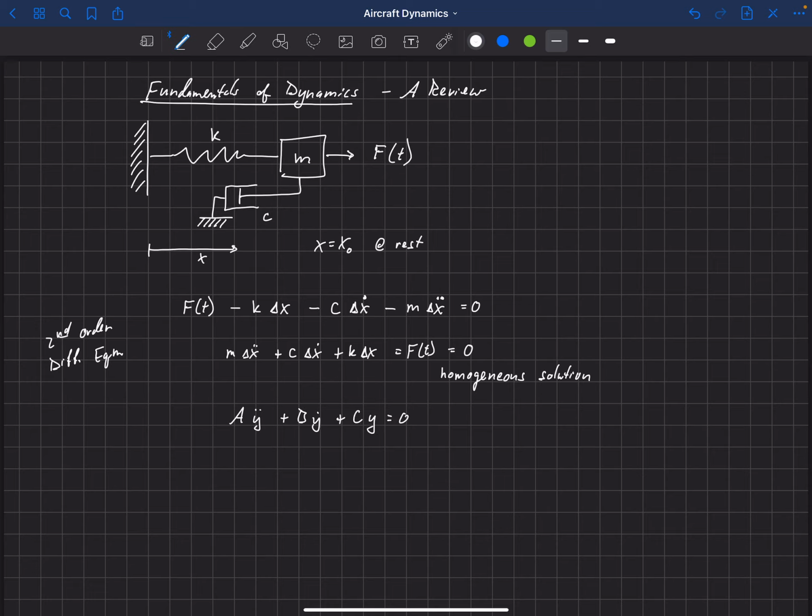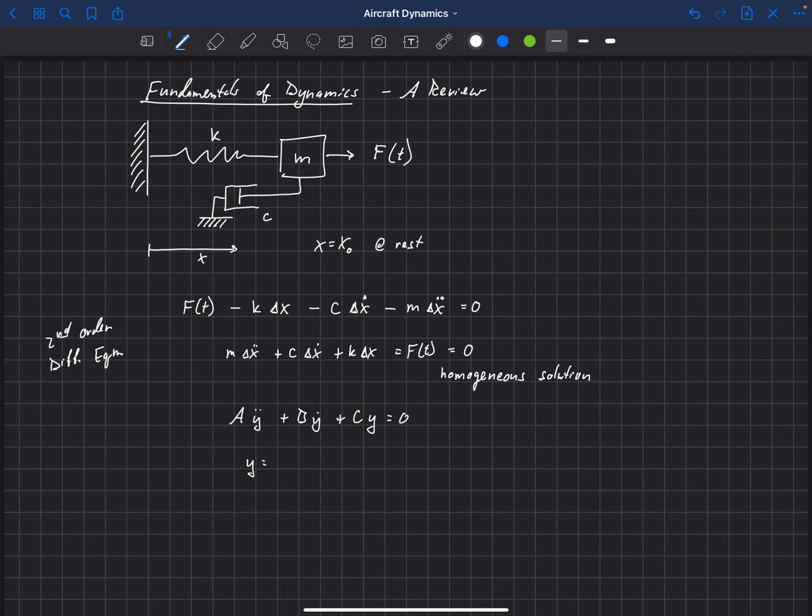This is a classic second order differential equation where we have three coefficients multiplied by the second derivative of y, the first derivative, and y itself, and the summation of all of this has to be equal to 0.